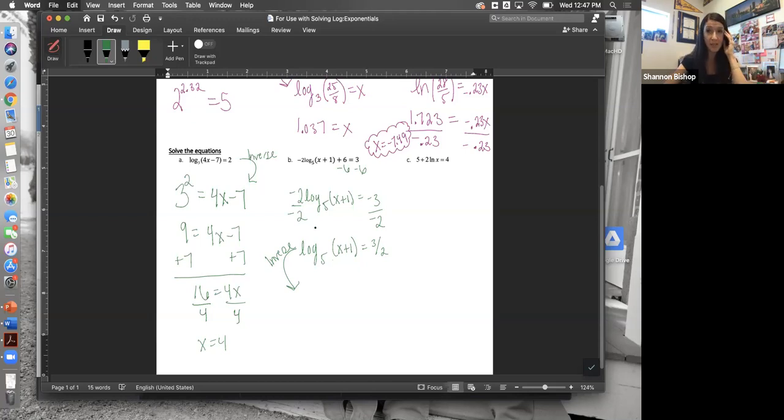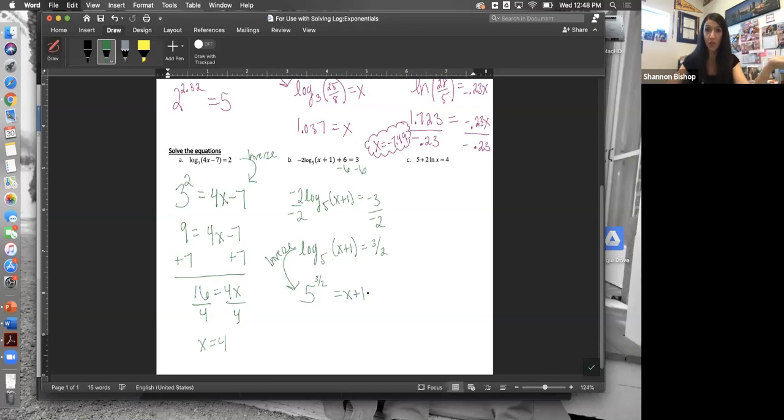Who's the base of this log? 5. Who's the exponent in this situation? 3 halves. What's the result I'm trying to make? X plus 1. There you go. You have interpreted the log.